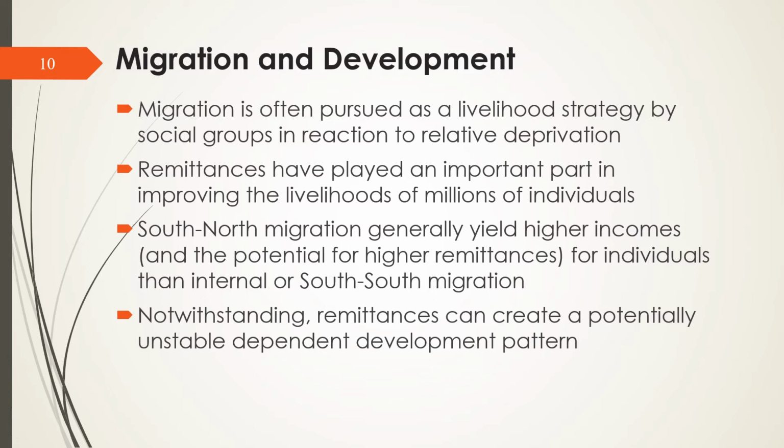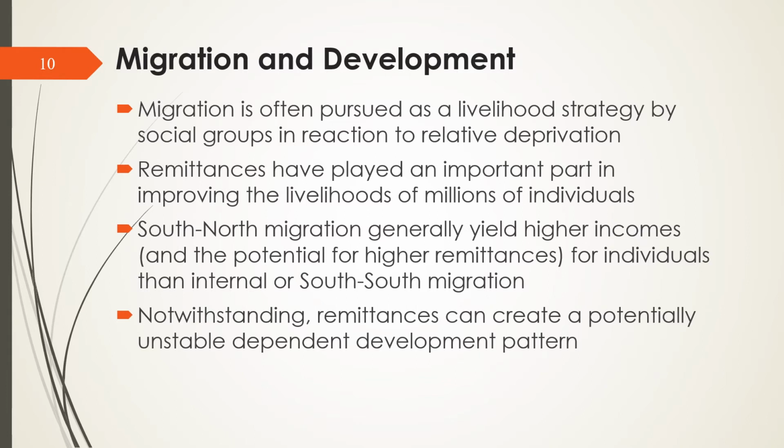Improvements to livelihoods depend on the destination of the migration. Where it is south to north migration, individuals will generally yield higher incomes than internal or south-south migration. At the same time, remittances can induce or increase inequalities across developing nations.